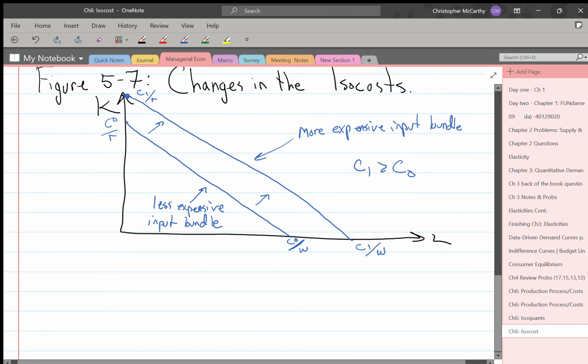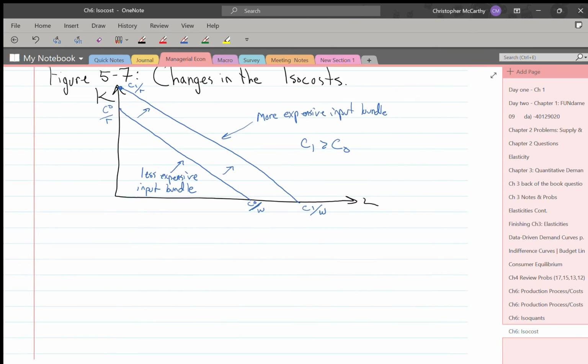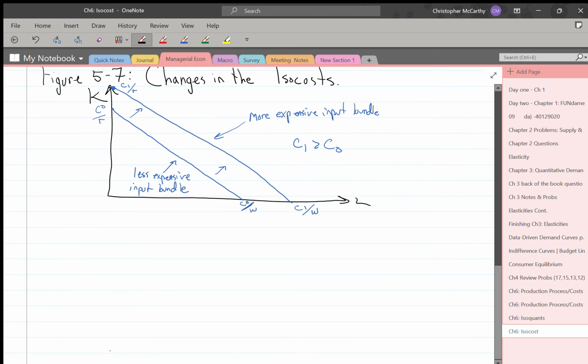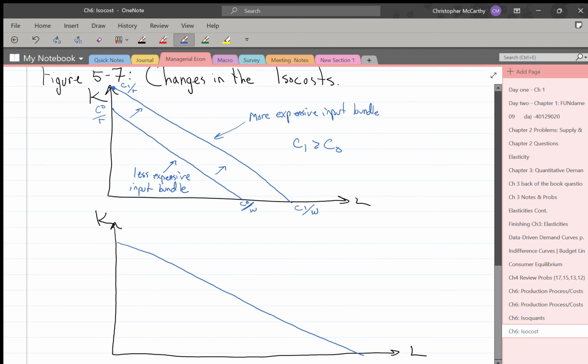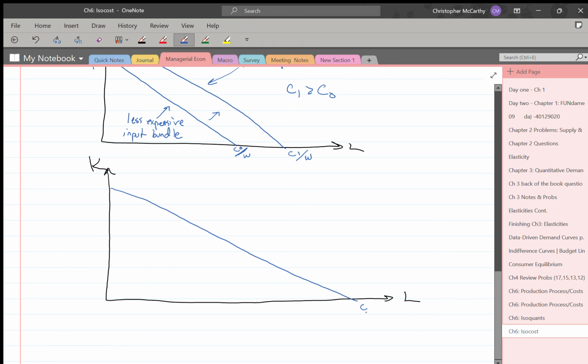And so the next part of this is talking about changes in prices. So if we've got C over W, they do superscript for some weird reason, W0, and this is C over the rental rate.